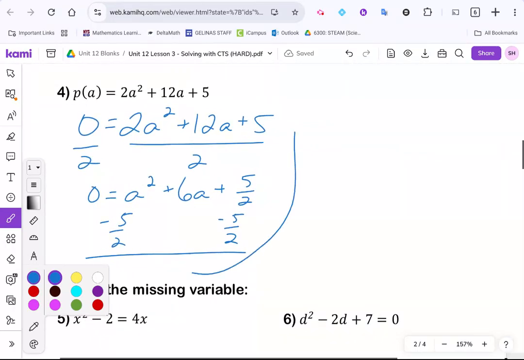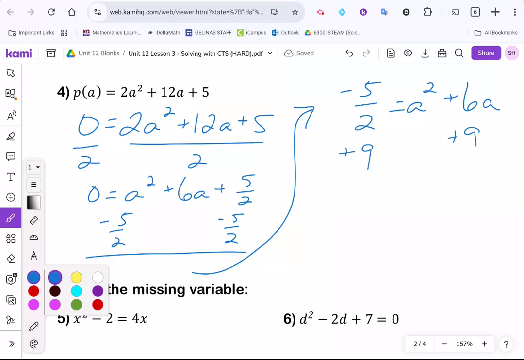So that's going to give me negative 5 halves equals a squared plus 6a, and I will have to add 9 to both sides. So since 9, when it's written in halves, is 18, that's going to be 18 over 2 minus 5 over 2, leaving me with 13 over 2 on that side, and that's going to equal a plus 3 all squared.